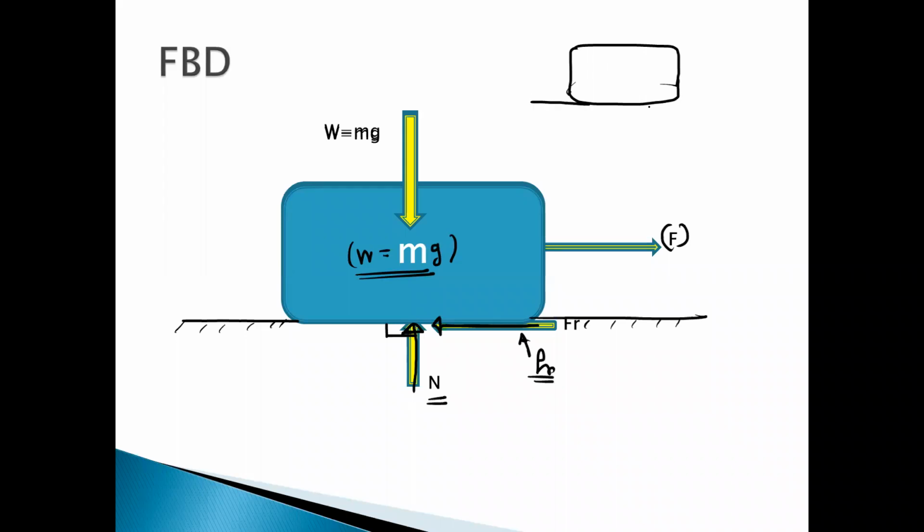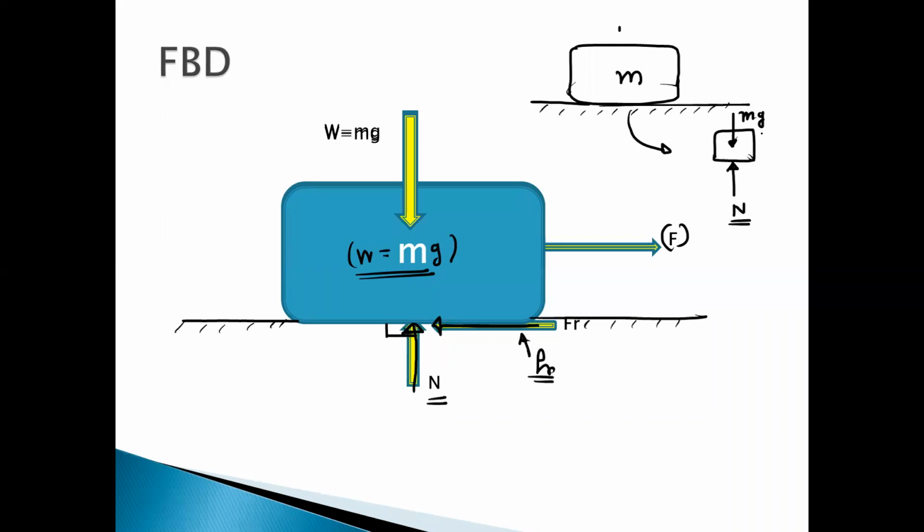Suppose we just keep the object on this ground, having the mass m, with no external force, then its free body diagram will be like this. This is the weight force mg acting in downward direction, and this is the normal reaction offered by the surface.